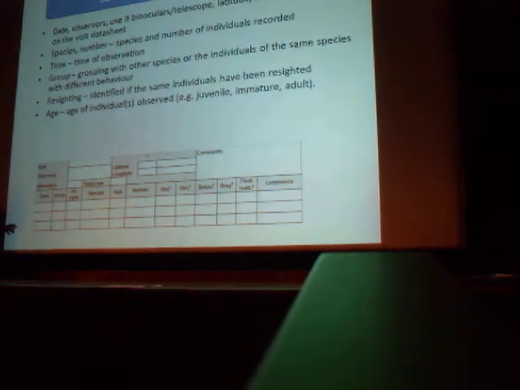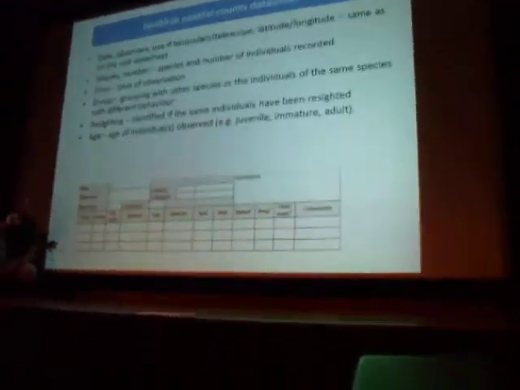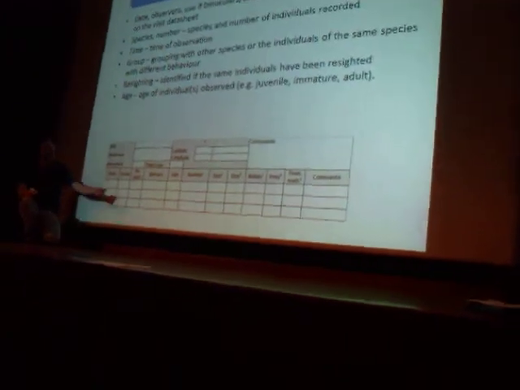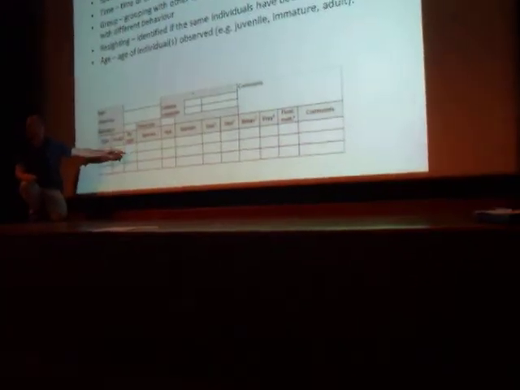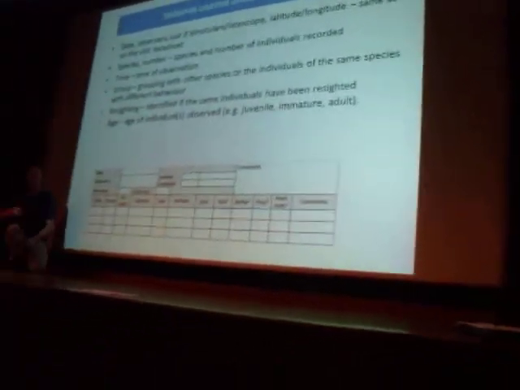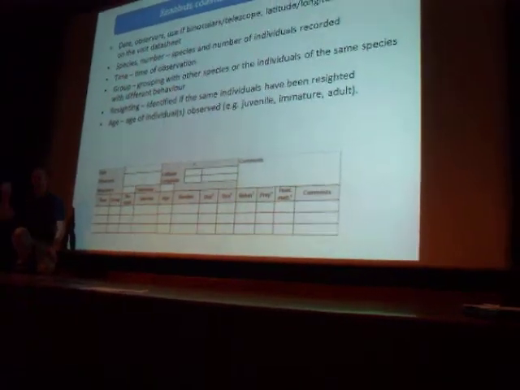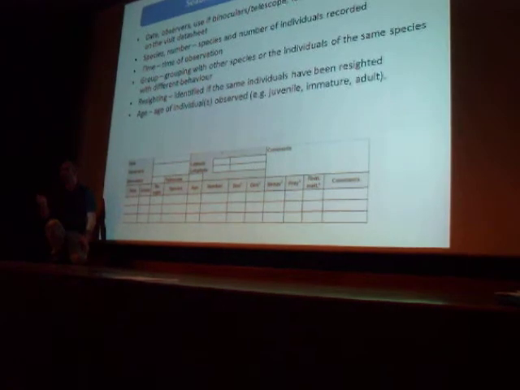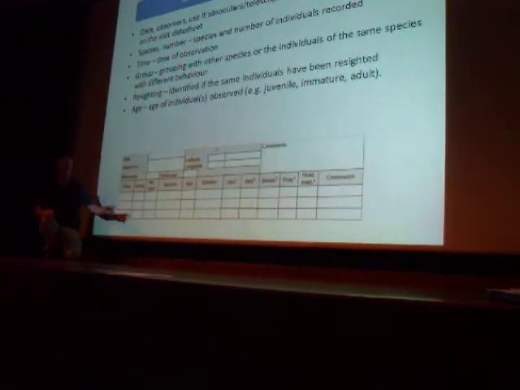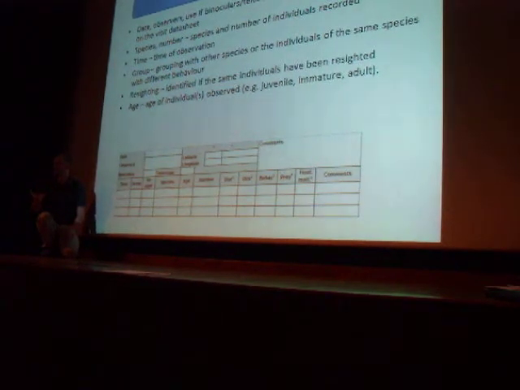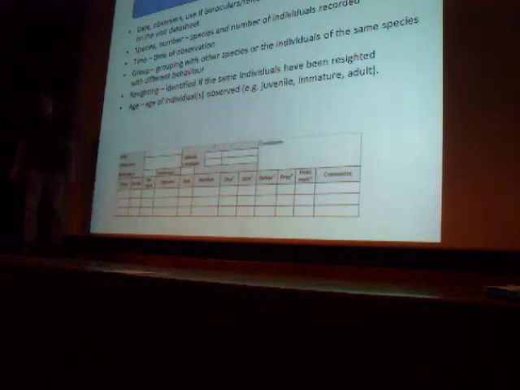Because you stay for a longer time doing coastal counts, you might have resightings, so you could see the same group of birds flying back and forth. If you can recognize that, you should mark it, because this could affect your total counts. And then the rest are the same as in ESAS.